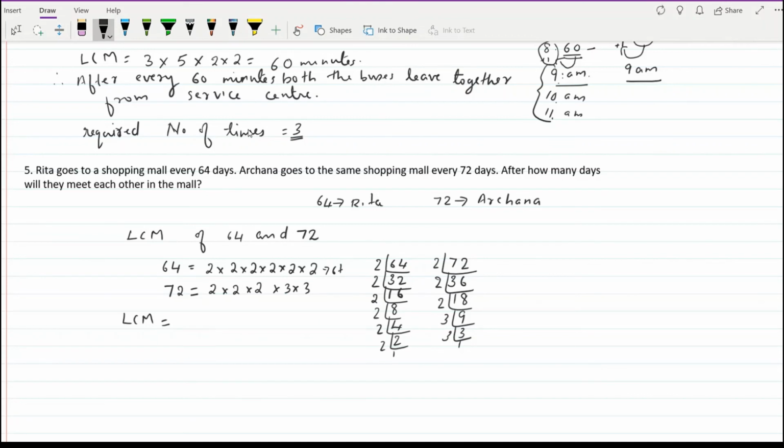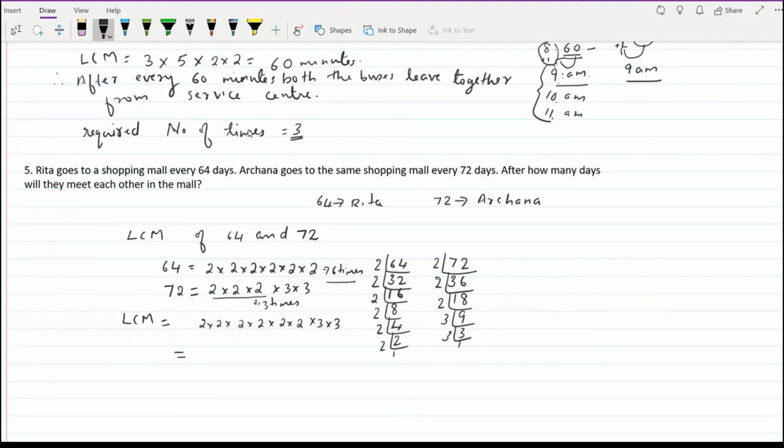In 72, 2 comes 3 times. Which is the maximum? 6 times. So write 2 six times. 3 is there only 2 times, so for LCM you consider those 2 times.